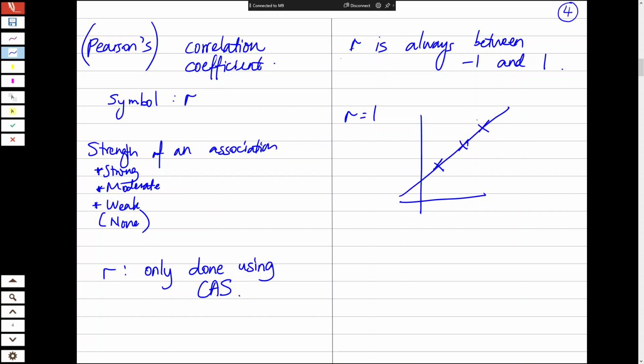Can anyone from my class last year tell me what it means when R equals 1? It means that the data is perfectly modeled by a line with positive slope.